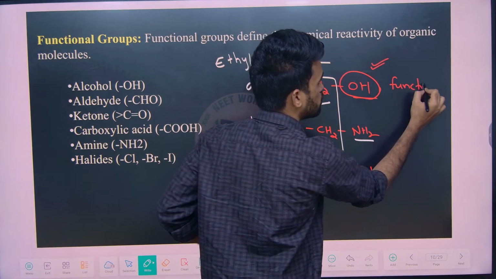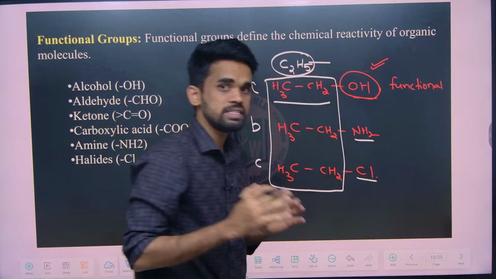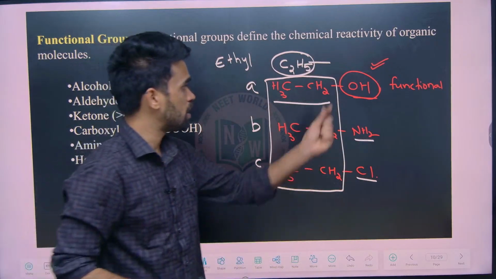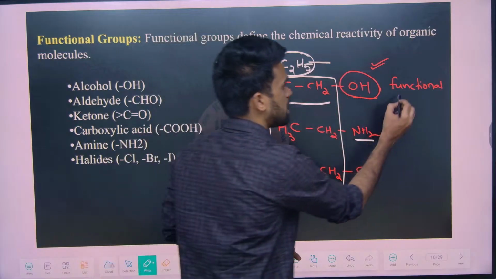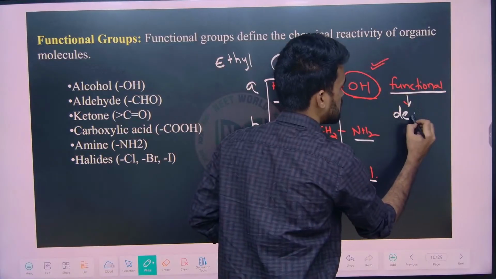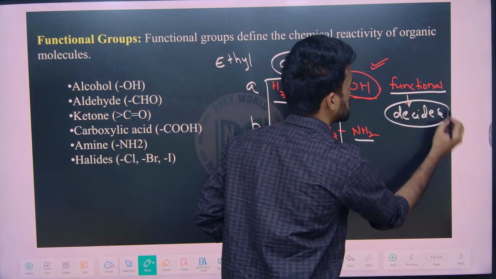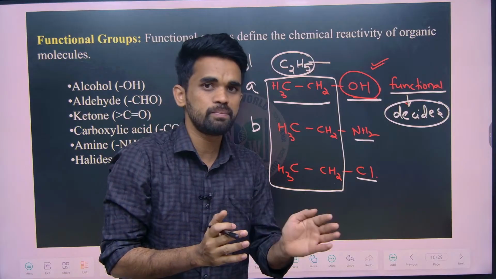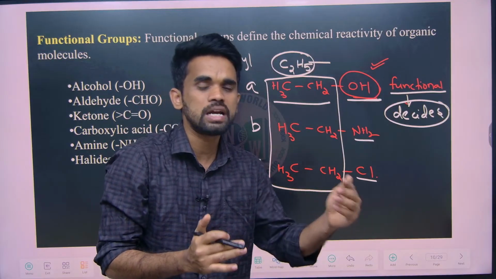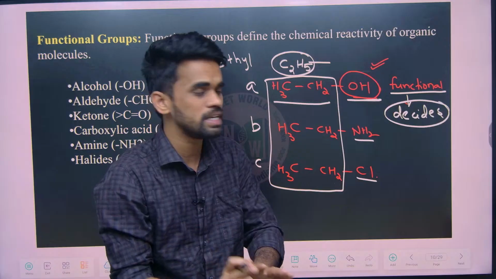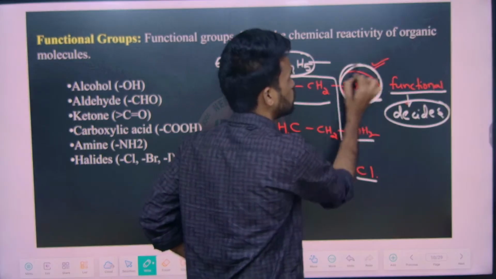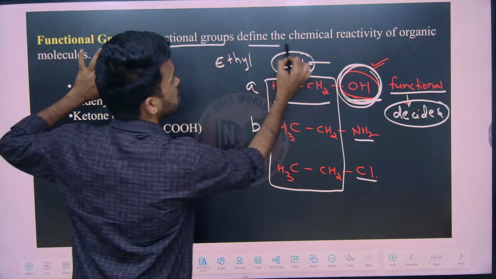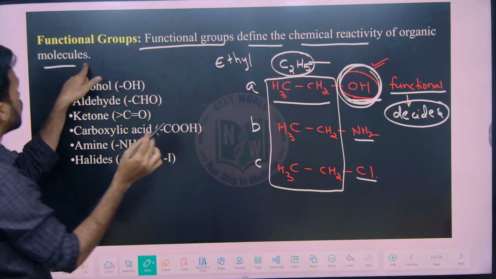What does this functional group do? It decides the characteristic property, whether the compound should be acidic or basic, or whether it should be volatile or non-volatile. All of this is decided by the functional group. So read the statement once again: functional groups define the chemical reactivity of given organic molecules.